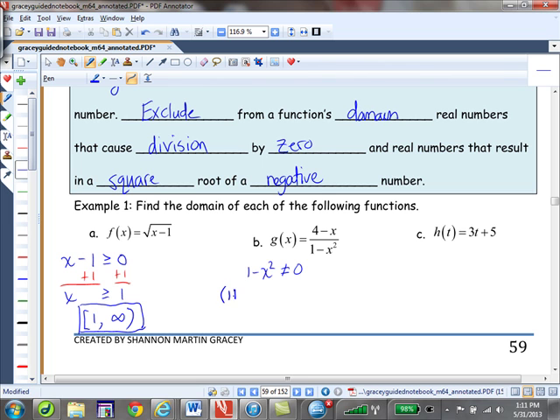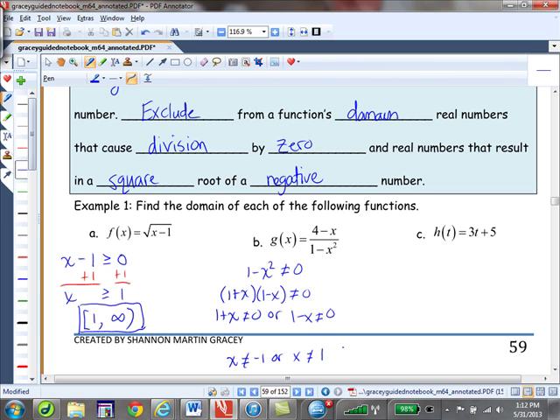So recall that this is a difference of squares, so we can factor. So we don't want 1 plus x to be 0. We don't want 1 minus x to be 0. So that gives us that x should not be equal to negative 1, or x should not be equal to 1.